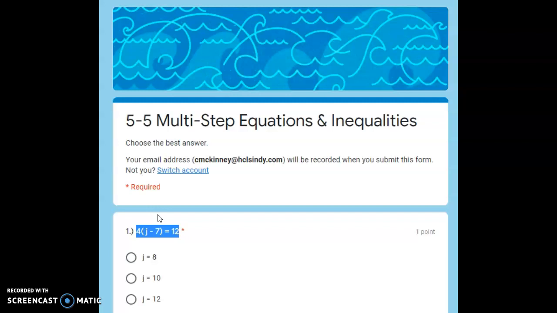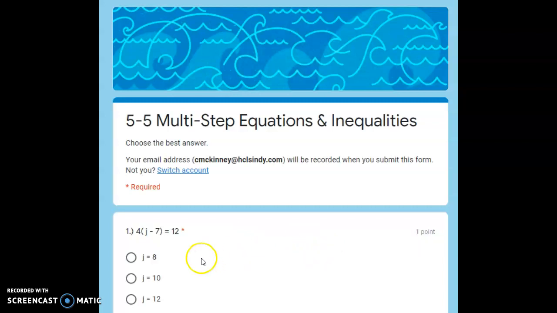So if I was going to rewrite this out, I would rewrite it as 4j minus 28, because the 4 multiplied itself by the j and the 4 multiplied itself by the 7. So the new equation looked like 4j minus 28 equals 12. Why I'm showing you this step or hint is because I want to make sure that we remember our tools with distributive property before we move further in the problem to solve.